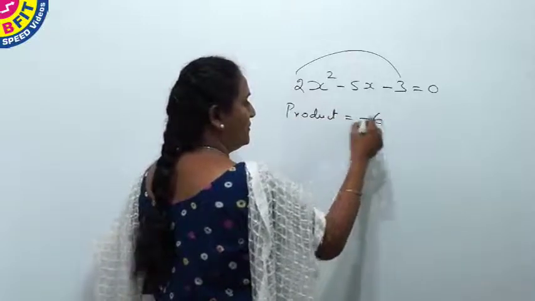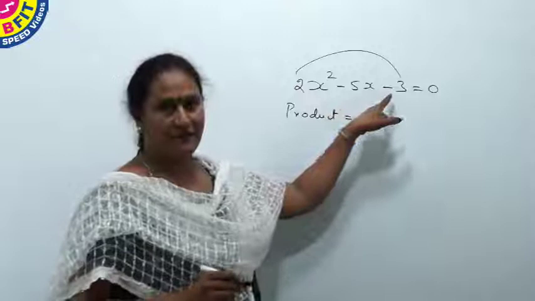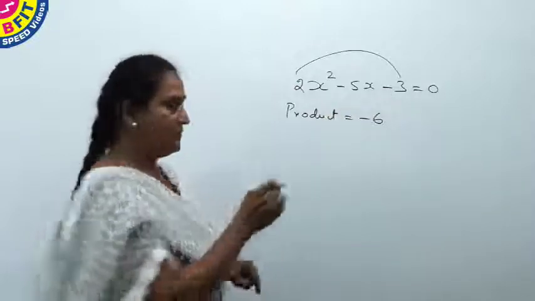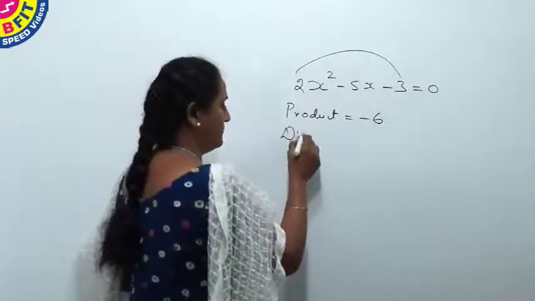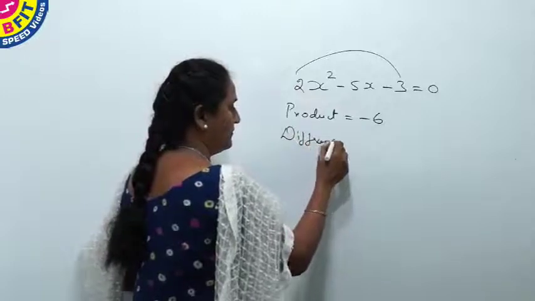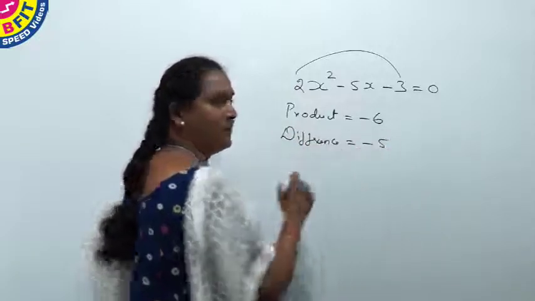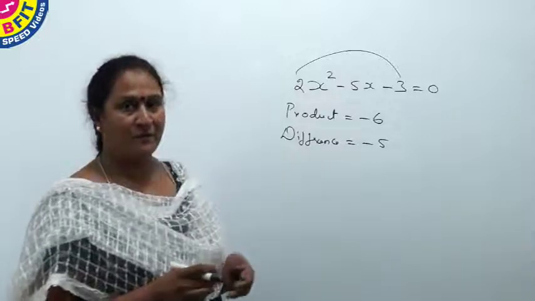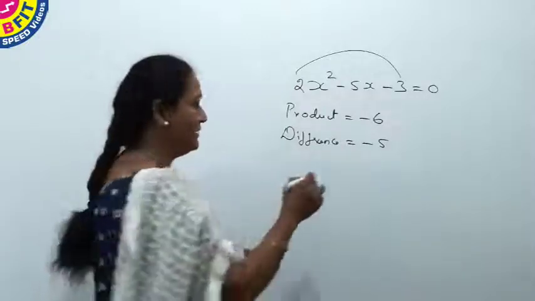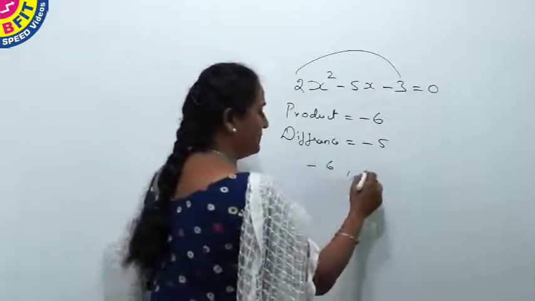As you have a negative sign, write difference, that is, the difference of the two numbers should be minus 5. The same numbers will satisfy this condition, that is minus 6 and plus 1.